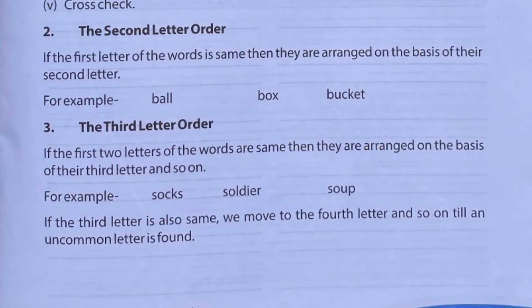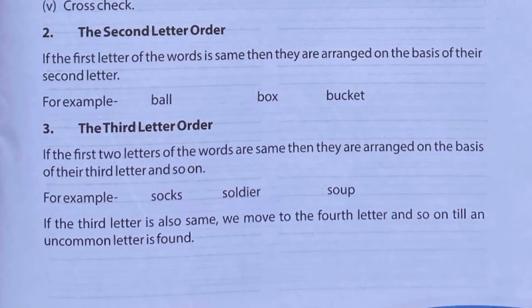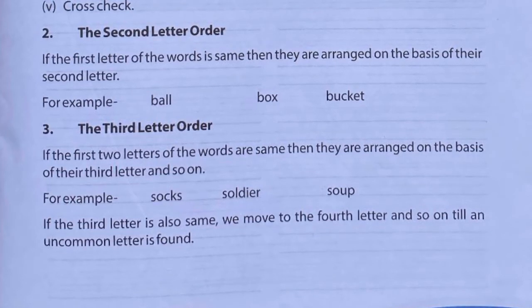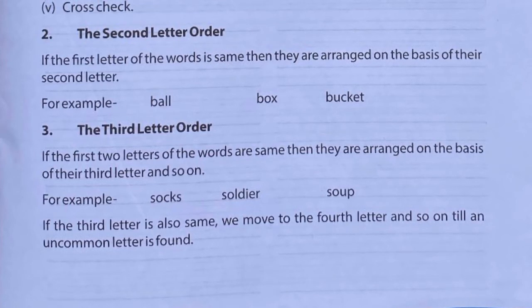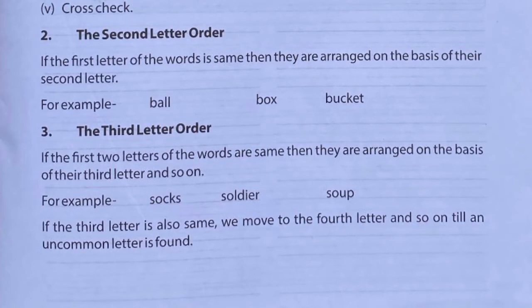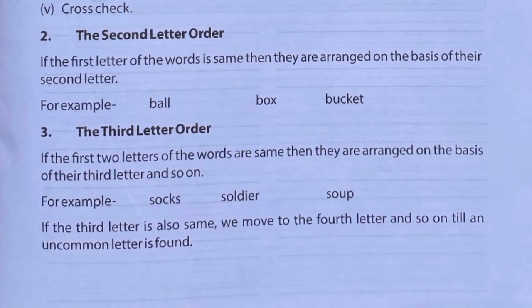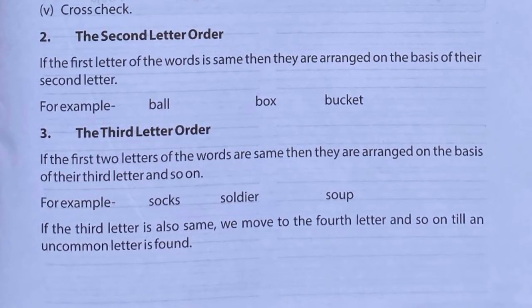Now if I talk about third letter order, as I have told you earlier, if the first two letters of the words are the same, then they are arranged on the basis of their third letter and so on. If two letters are the same, then we have to move on to the third letter. For example, here they have given socks, soldier, and soup.